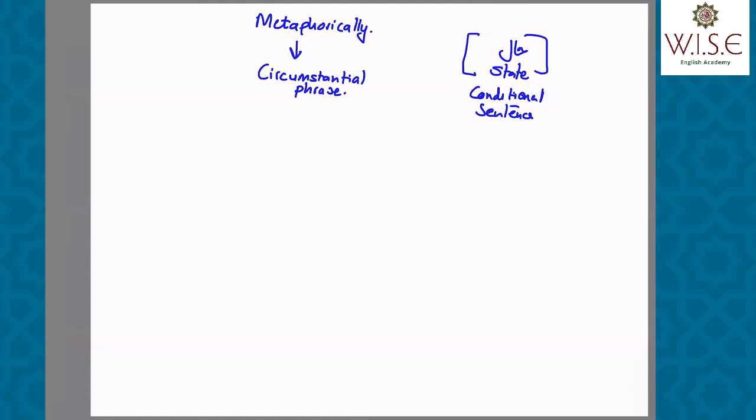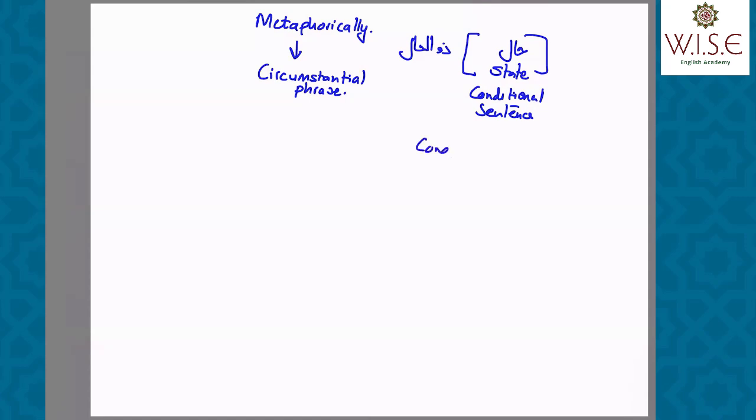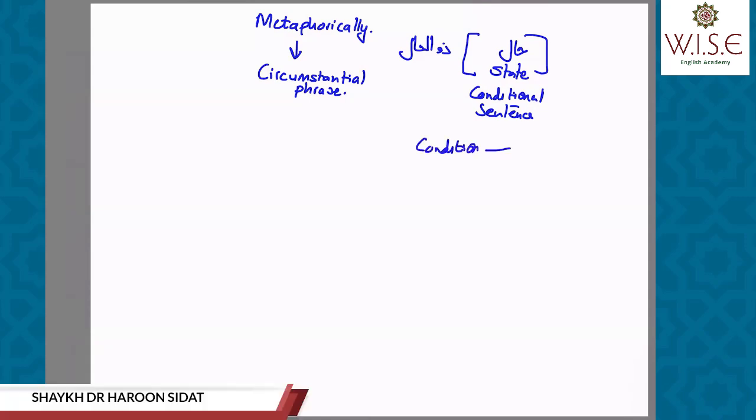And usually the individual is the Dhul-hal, the person you are referring to. So it's expressed with a condition. It's a bit like what we have in Arabic, the shart, a condition connected to the final clause.